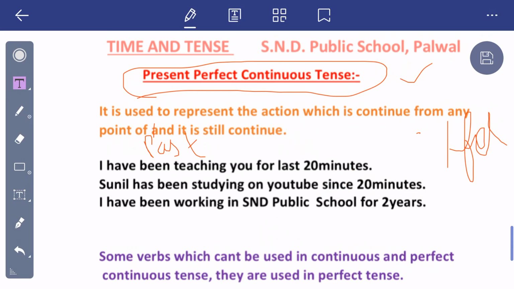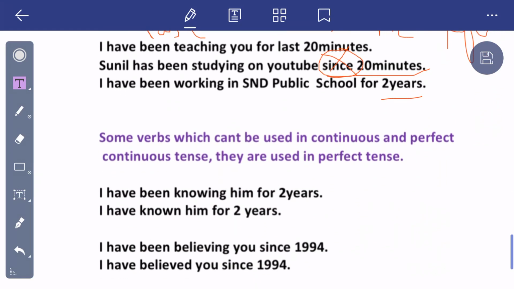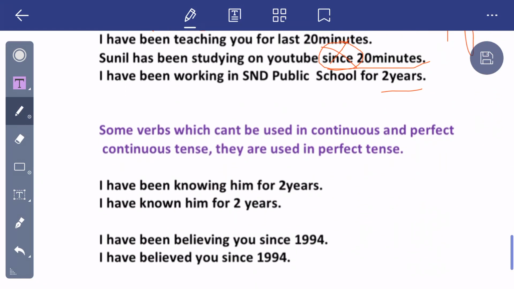Now let's have a look at the given points there. What is the note there? Some verbs which can't be used in continuous and perfect continuous tense are used in perfect tense. Suppose you want to use present perfect continuous, but the verb can't be used in continuous, I will use present perfect.